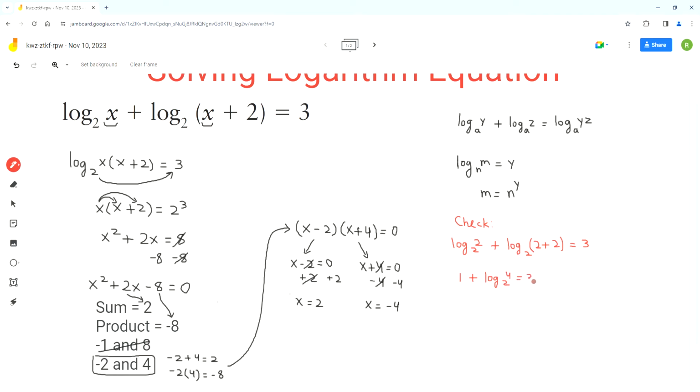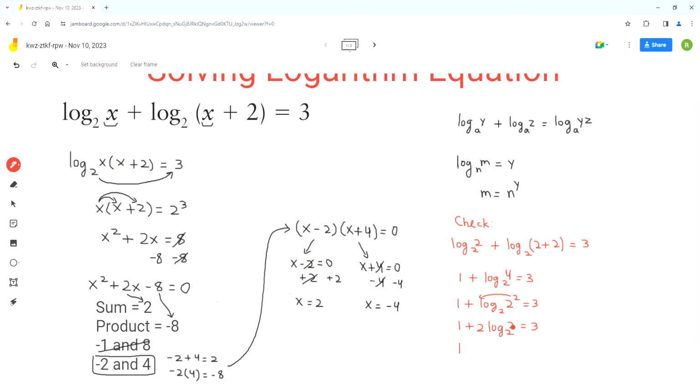Now we know that we can change 4 into a power of 2. So 4 can be written as 2 squared. We can use the power law of log and bring this exponent to the front as a coefficient. So we get 2 log of 2 to the base 2.